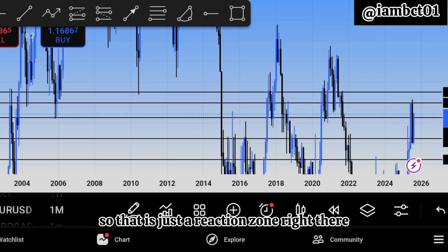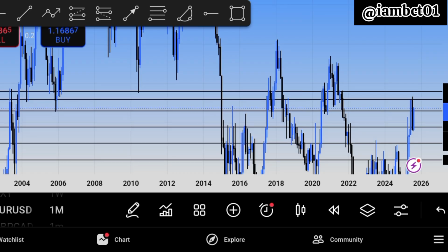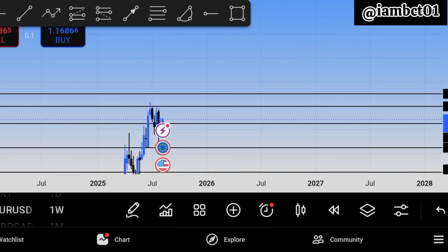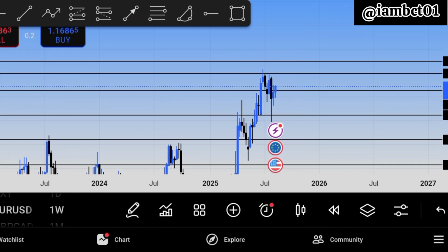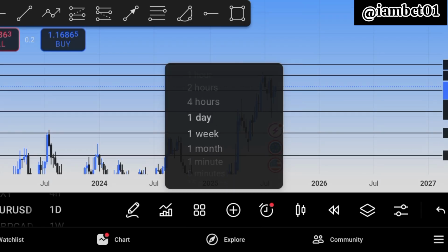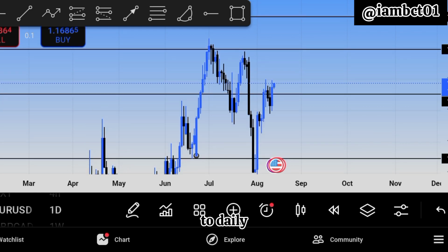So there is just a reaction zone right there, and that is all. So we go on to weekly and to daily.